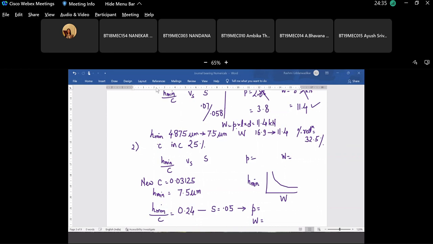Ujjwal is getting 2.82. Manas, Ambika, Tanvi.